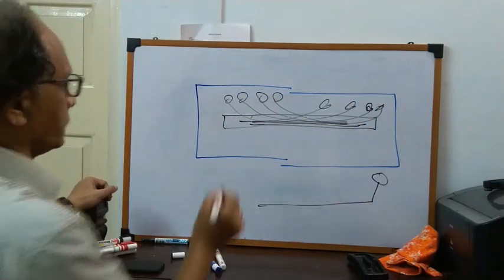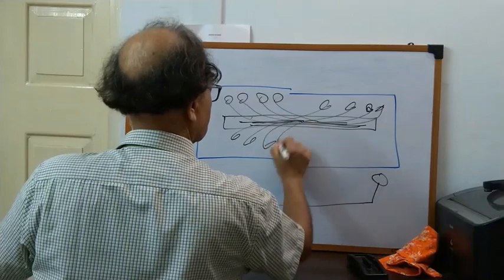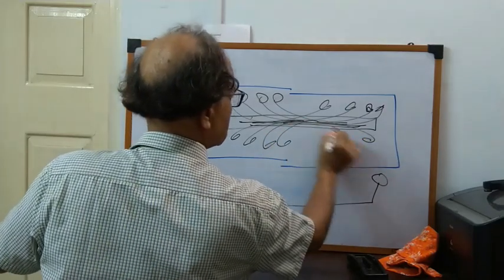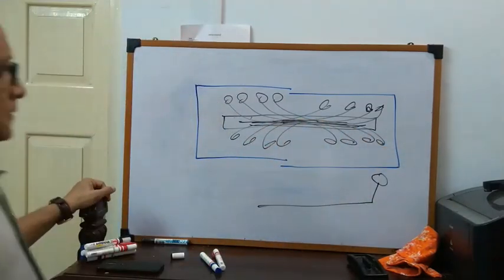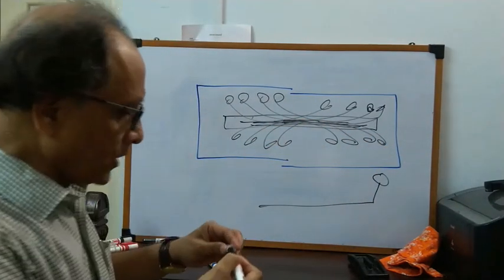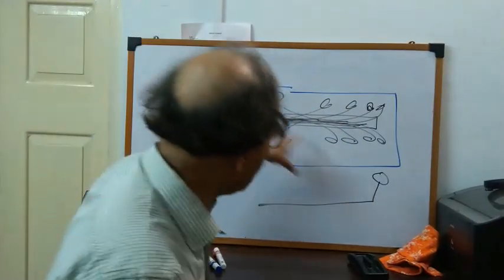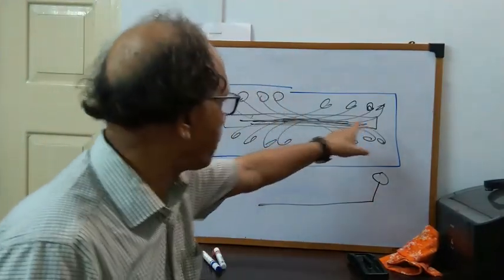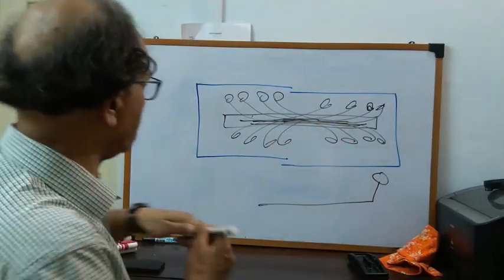So this is how myosins are oriented. So individual myosin molecules polymerize in a particular fashion and thereby form the thick filament.